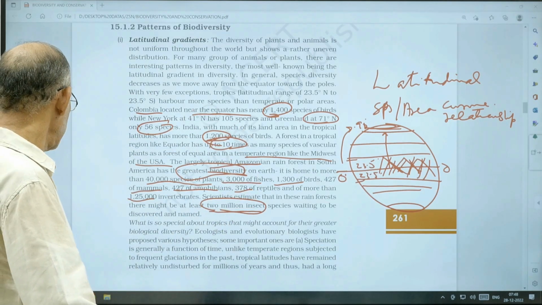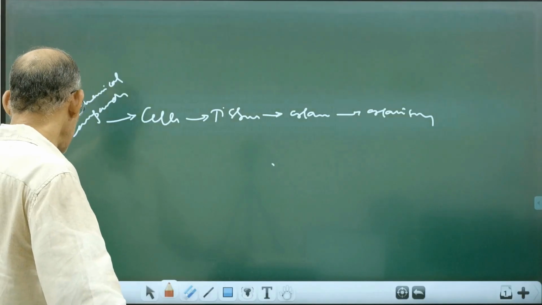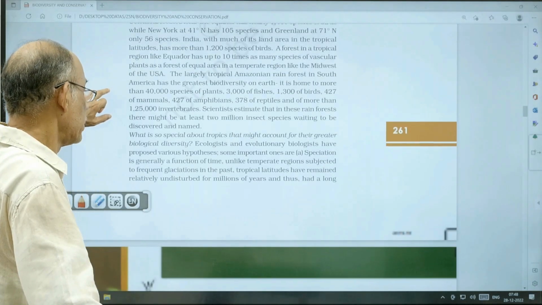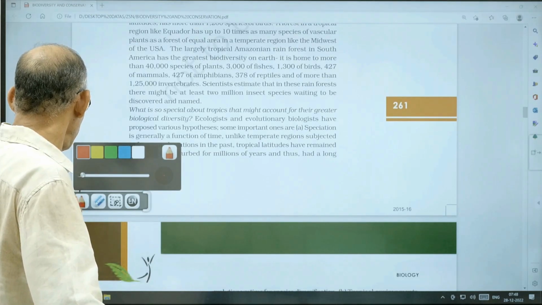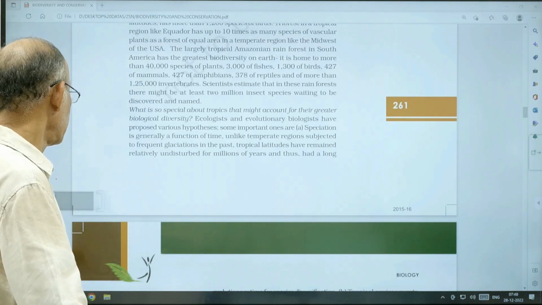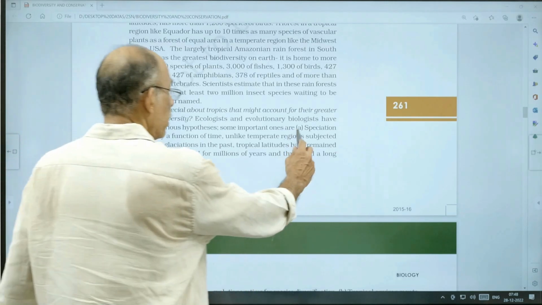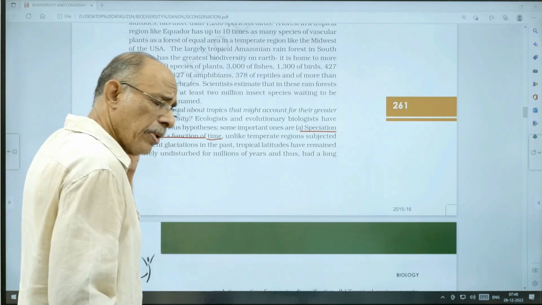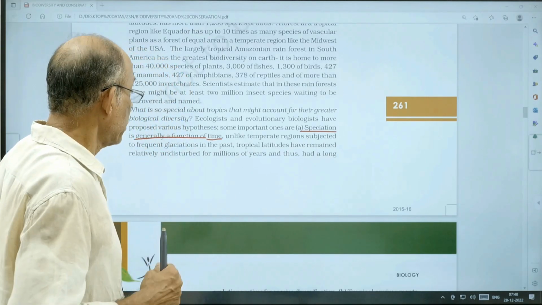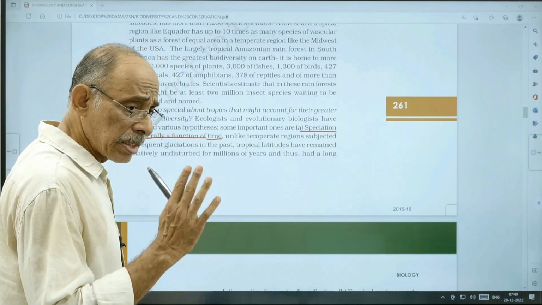Then, why do these tropical regions have the maximum species diversity? There are three reasons. One is that speciation is generally a function of time. That means for the formation of species, there must be undisturbed time.